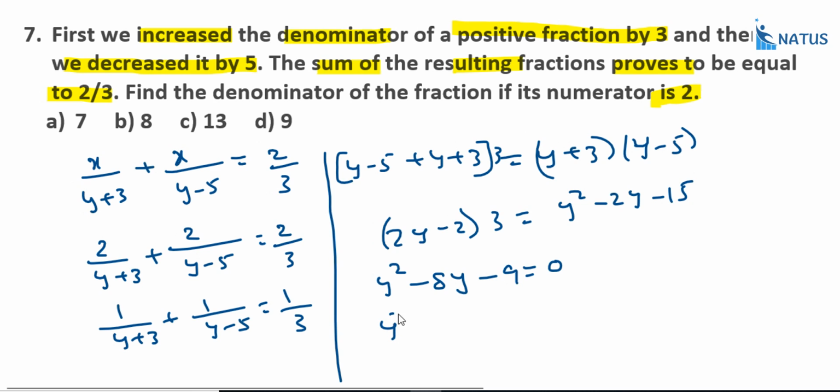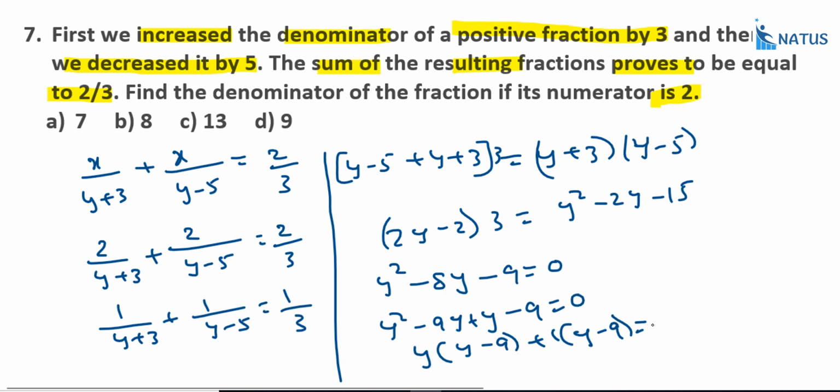So y square plus 9y minus y, minus 9y plus y minus 9 is equal to 0, and taking y as common, minus 9 plus 1 into y minus 9 is equal to 0.